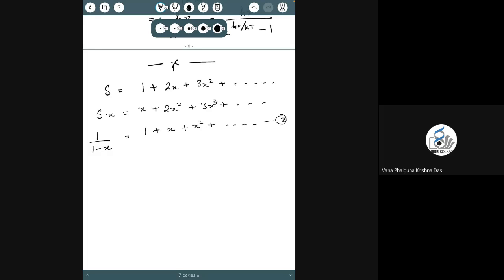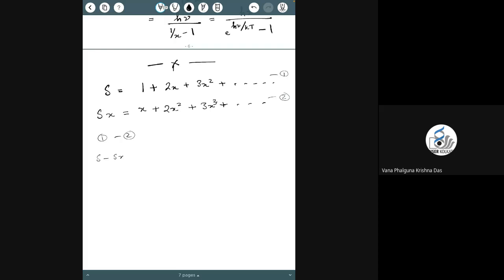So I got two suggestions. So let's do S. So 1 minus 2. So S minus Sx is equal to what happened? Oh, S minus Sx is then 1 minus x. Oh no, this is not the way. It will be equal to 1 by 1 minus x.